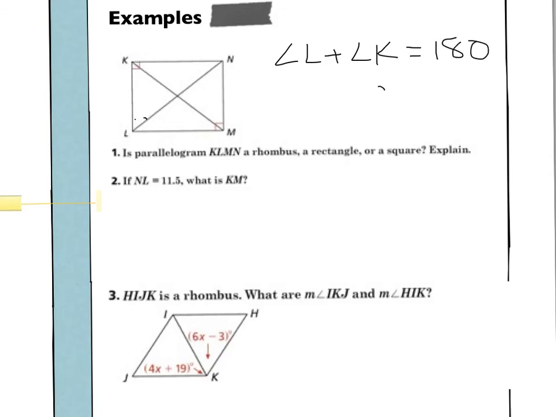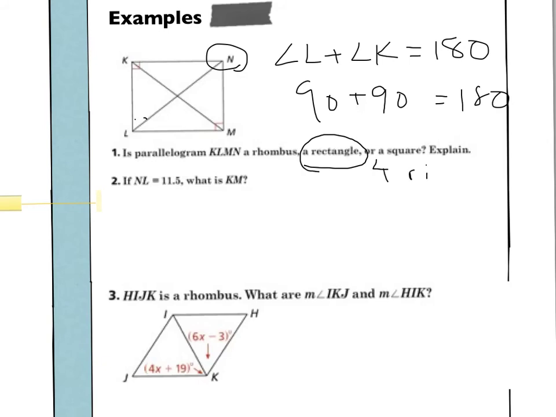So if K is 90, then L has to be 90. That means we have 3 right angles, and the same thing is true about N. So now we've got 4 right angles, so this has to be a rectangle. We can't say it's a square because we don't know anything about the diagonals right now. They didn't tell us anything, so that's all we can say.